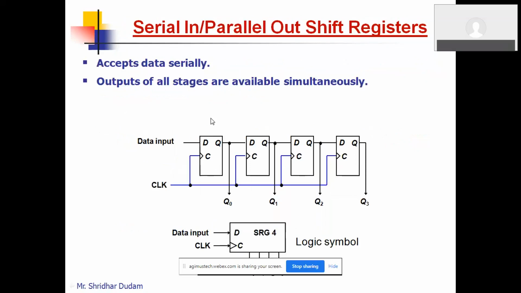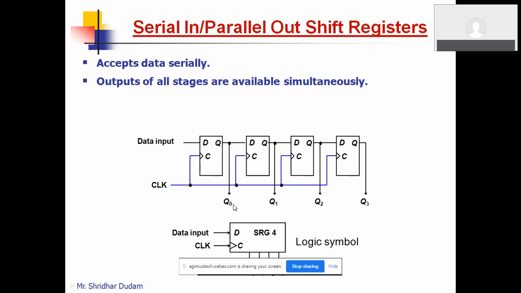Then this is again another configuration of serial in parallel out shift registers. Here, we are giving the serial in, and at the same time we are taking the output.